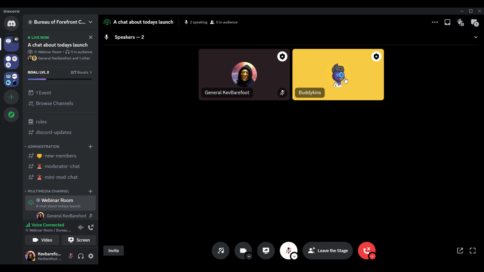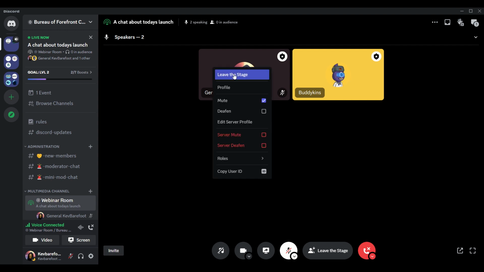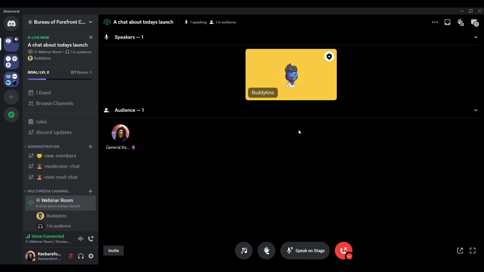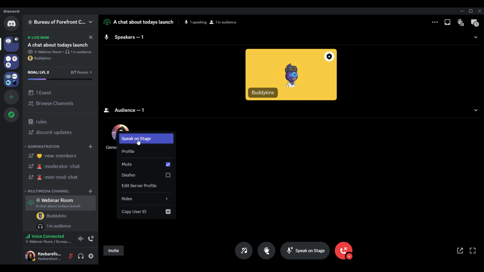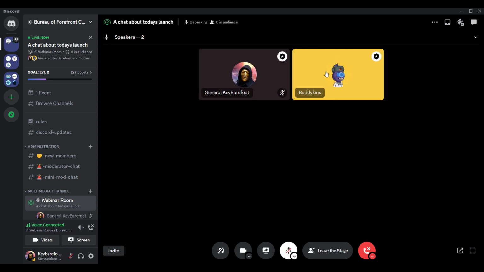And a little green hand goes up there, and that allows Buddykins to come on stage and either speak with me up there, or if she's doing her own talk for the next 10 minutes, for instance, I can actually leave the stage and leave it all up to Buddy until they've finished, at which point I go back to the stage and take over again. Simple as that.